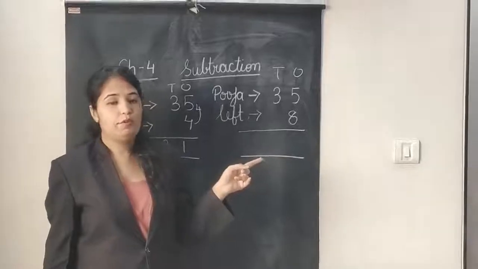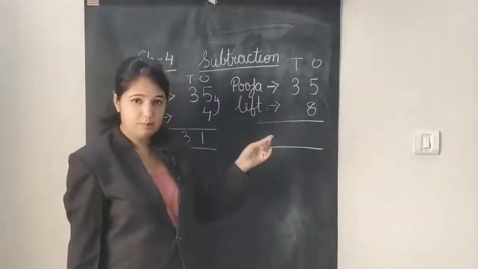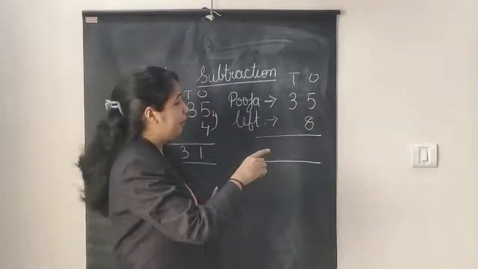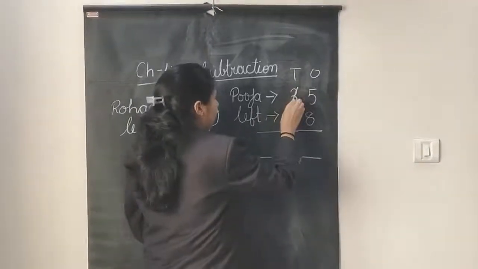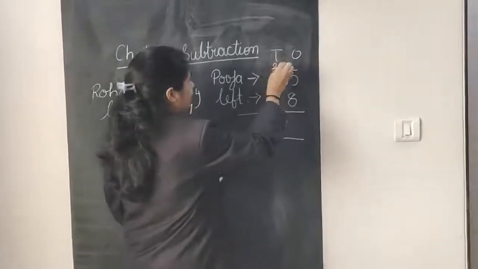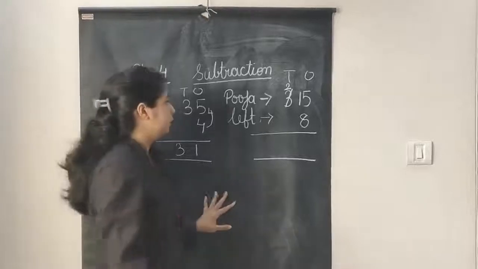No. So when we can't subtract, we take from the tens place, right? So here also we will borrow from the tens place. So cut 1, put 1, minus 1. Now we have to subtract 15 minus 8.